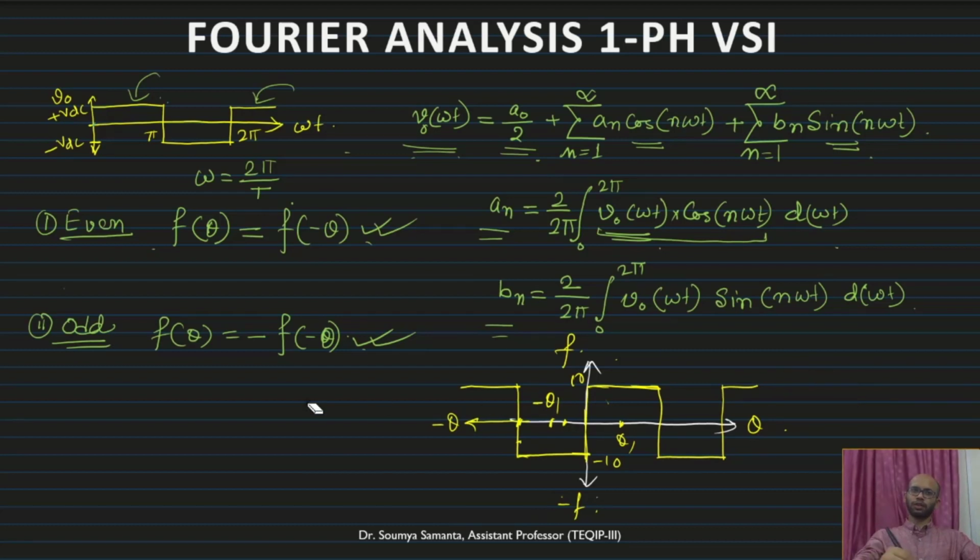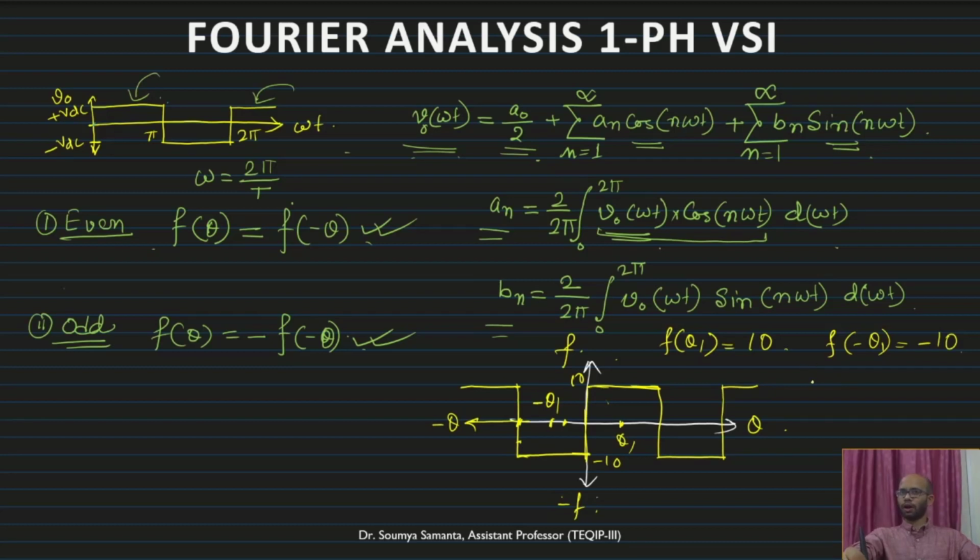Let us check the odd symmetry. So what is f of theta 1? That was the 10. Now f of minus theta 1 is minus 10.